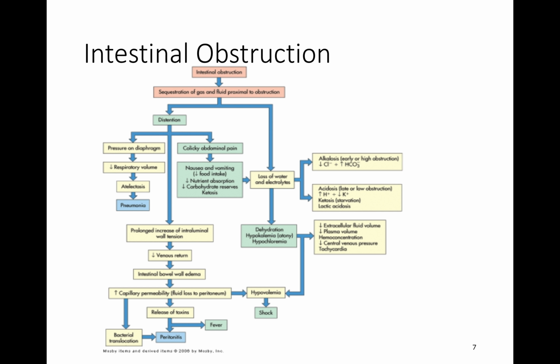It can definitely mess up the pH, whether it's alkalosis or acidosis, and again, dehydration and so forth. You can see everything that goes on with an intestinal obstruction. It's just not good. We can have intestinal bowel wall edema, increased capillary permeability, which we know is usually going to lead to edema somewhere, and hypovolemia, peritonitis, and fever.